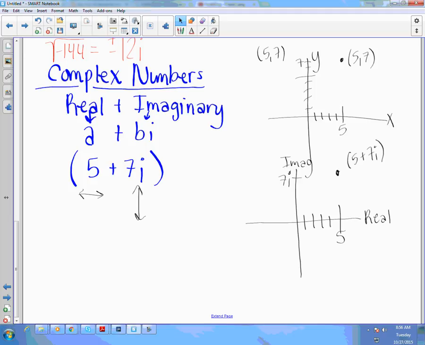Okay, so 2 more to do on that one. This is the quadratic formula, it looks like. Okay, so put this one in your folder.